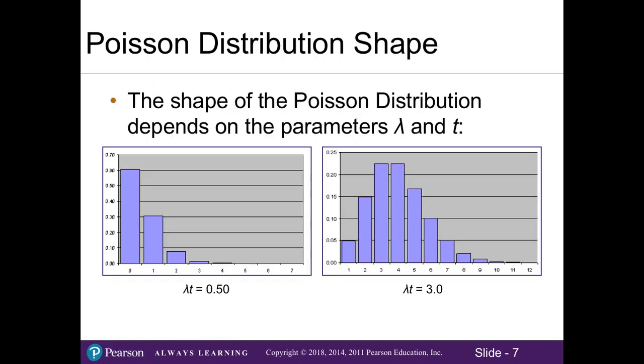Note that the shape of the Poisson distribution depends on your lambda and t combined. Here you can see when we multiply lambda and t together and the product is 0.5, our distribution looks different than, let's say, when our lambda t is 3.